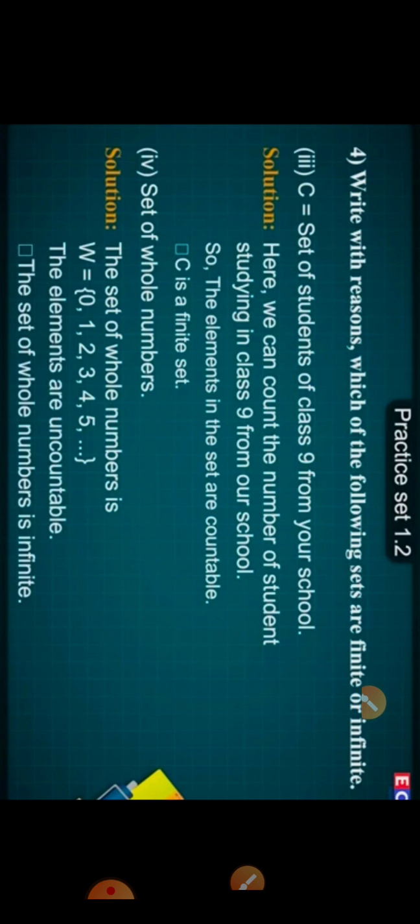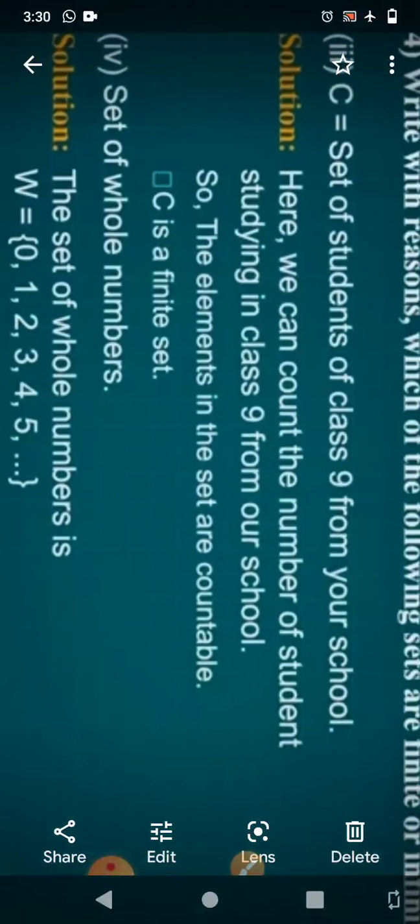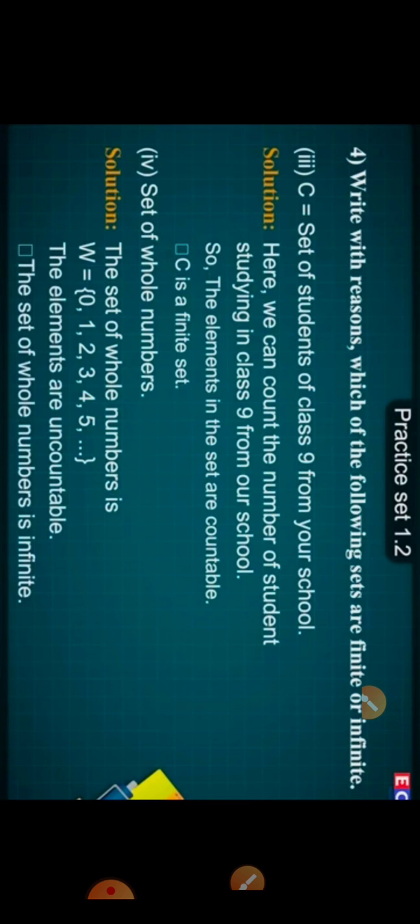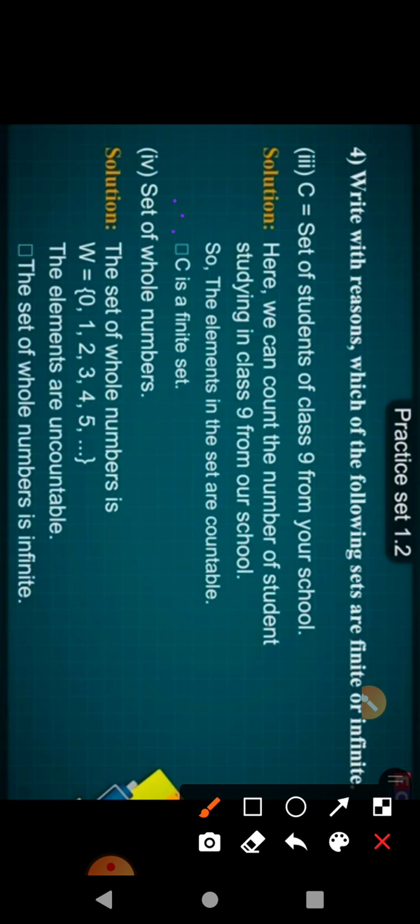As you can count the number of students, it is countable and limited. Therefore C is a finite set.